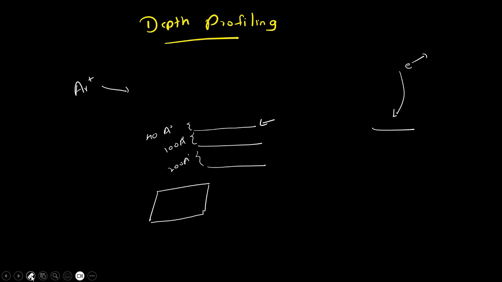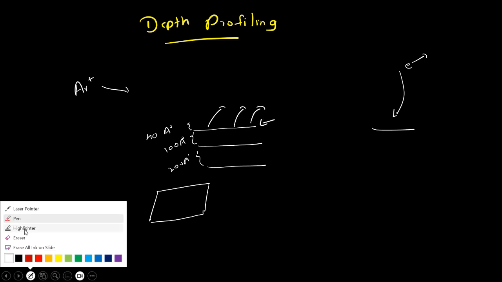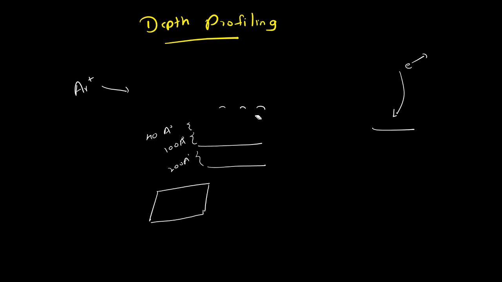Now again, we are going to introduce the argon plus ions to the surface of our material. The bombardment of these argon ions will peel off this surface also. Now we don't have that surface in our sample because we have peeled it off. Now there's a new surface.